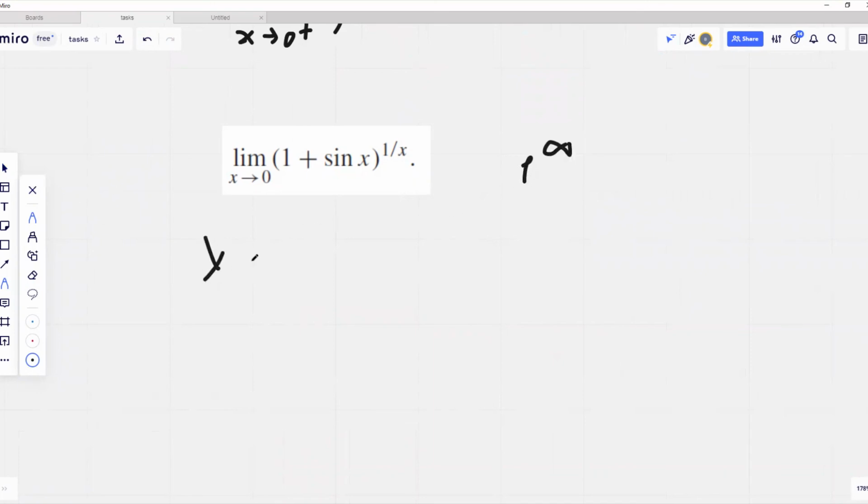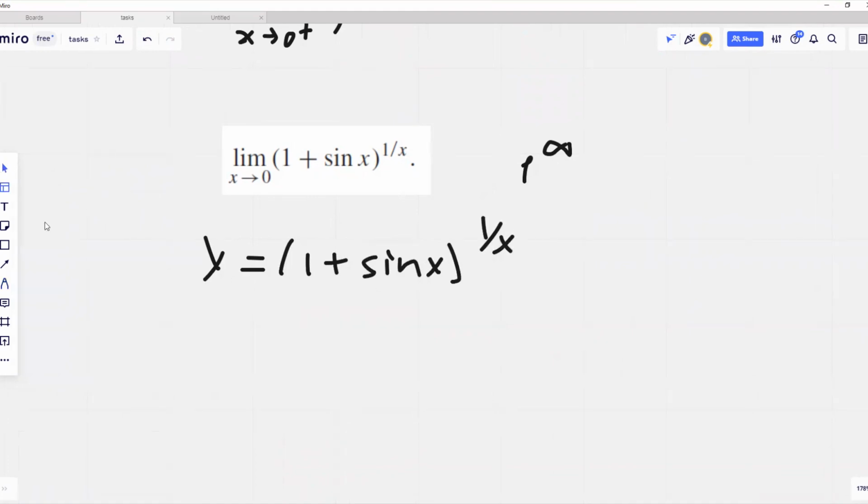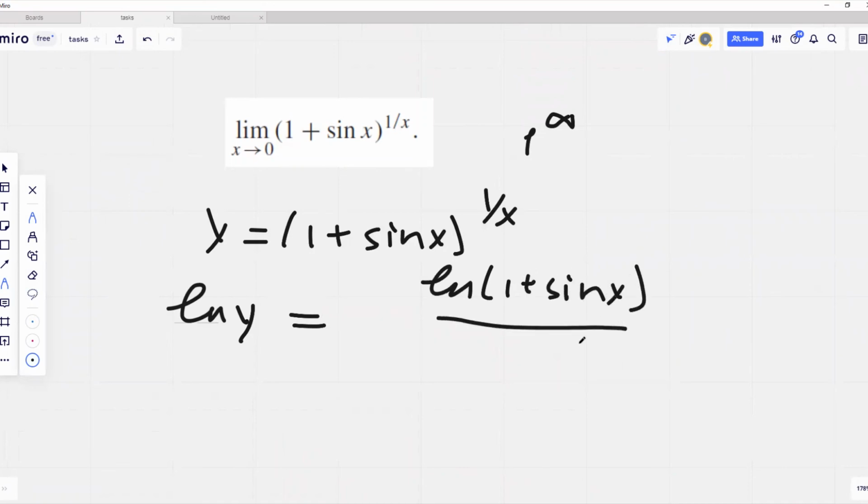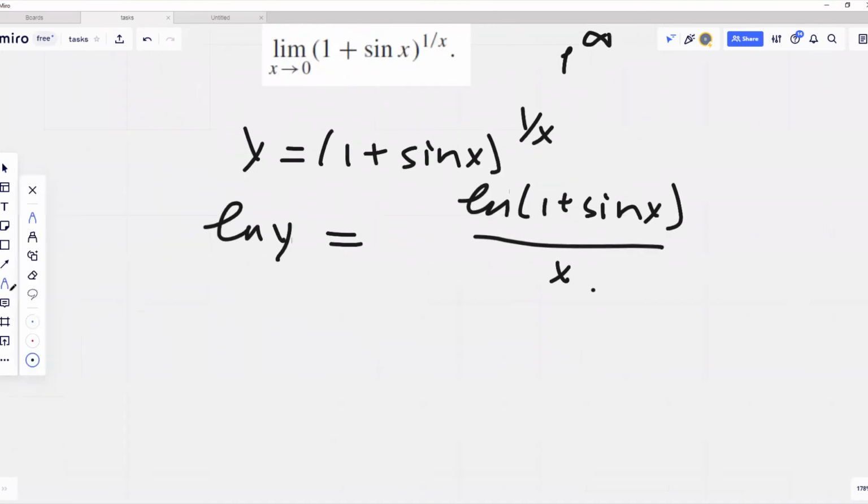Now again, using the same trick, calling this function y, taking ln from both sides, bringing this power down, we'll have ln of (1 plus sine of x) over x. Now taking the limit from both sides, the limit when x is approaching 0.